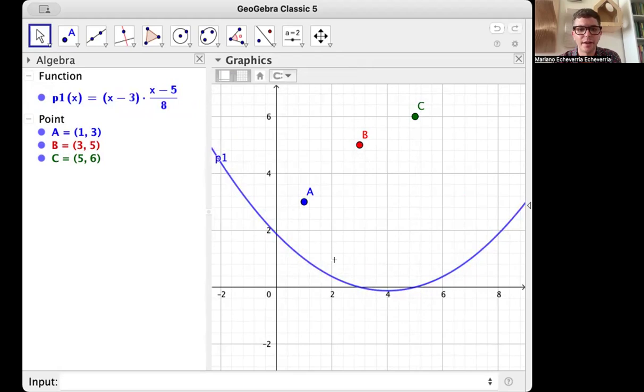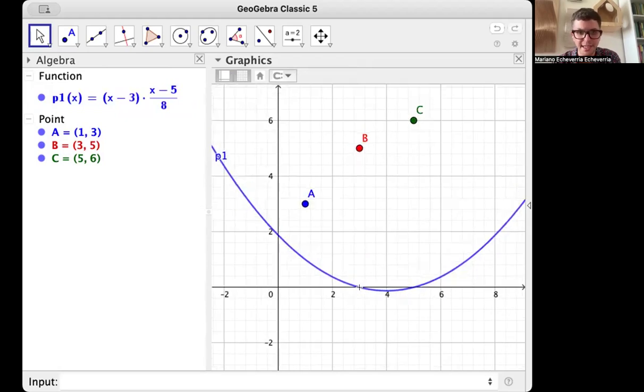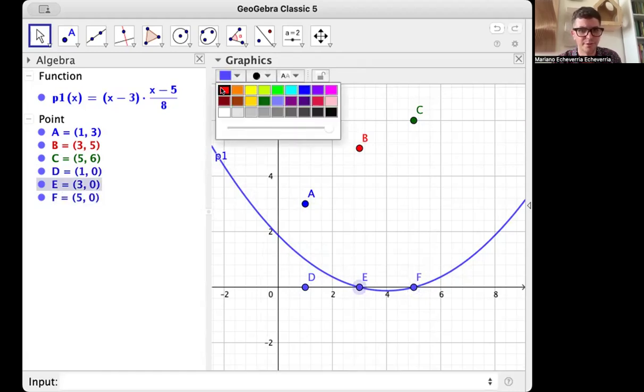So if you look at this polynomial, it is 0 precisely at 3 and 5. Where does it cross the x-axis? At 3 and at 5. I should actually write this down, this will help everyone see what's going on. And let's match the colors as well.